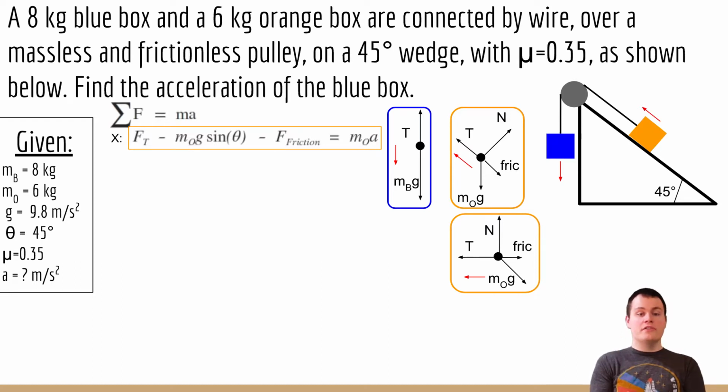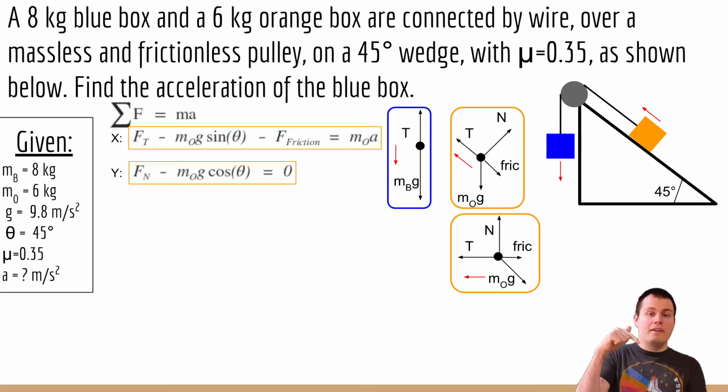In the y direction, we have the normal force going up and the component of gravity going down, and it's not accelerating in the y direction, so we set it equal to 0.